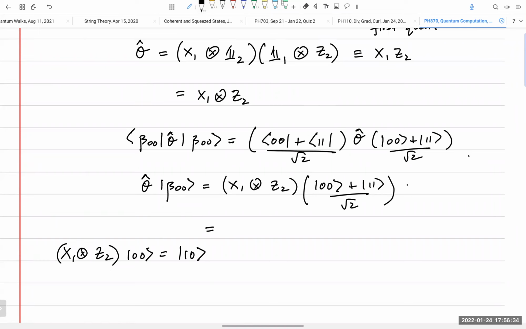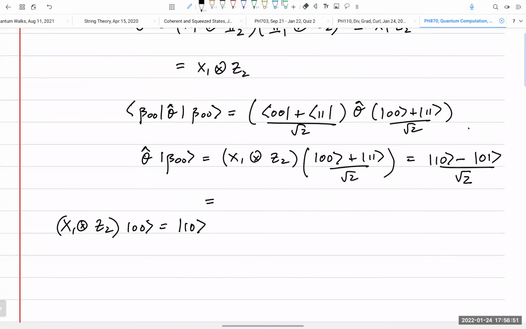So I'll get 1 0. And what about the second one? x1 will flip the second qubit and z2 will give me minus 1. Right. So this is the result of this operation.